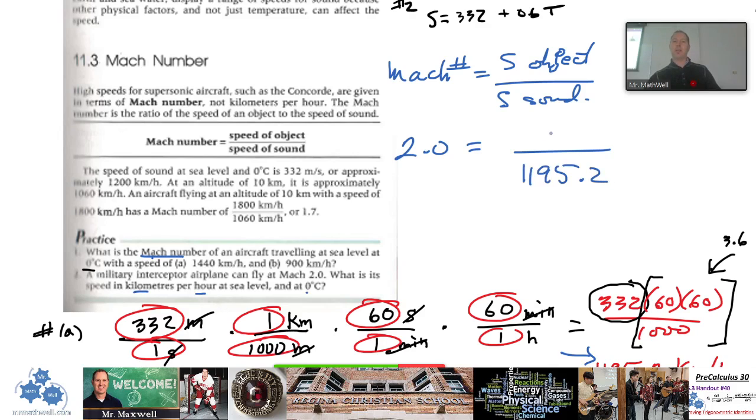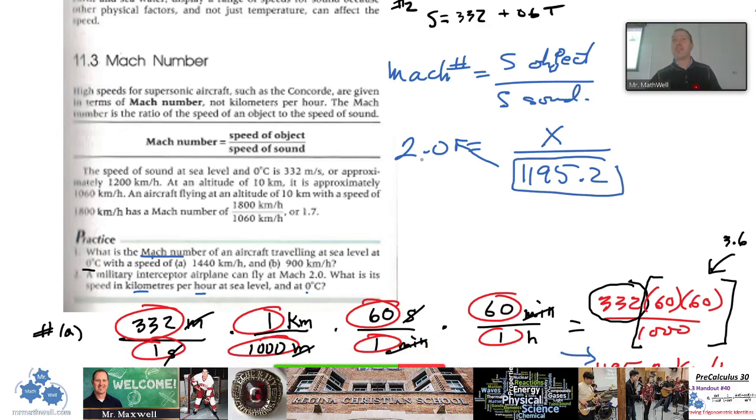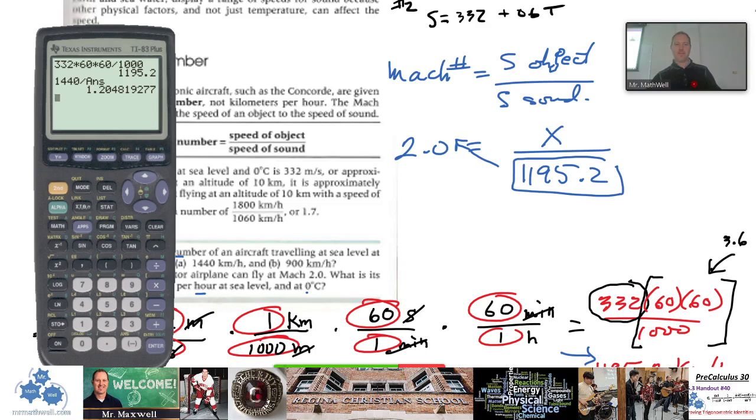So all I need to find is this unknown value right there. And that's pretty easy. It really doesn't get much easier than that. I'm going to cross multiply, or multiply both sides, by 1195.2. So if this is the speed of sound at Mach 1, what's the speed at Mach 2? Times 2, right? Really easy.